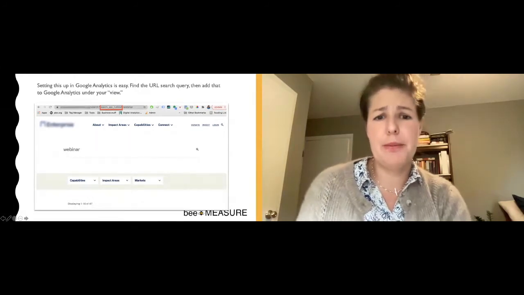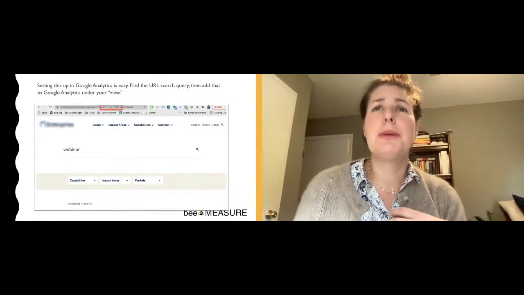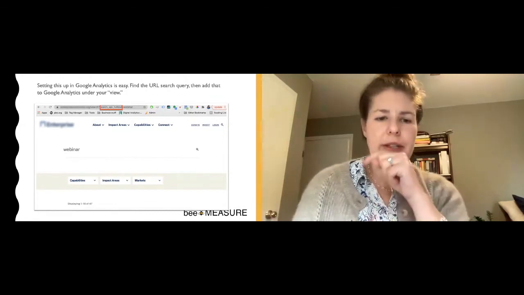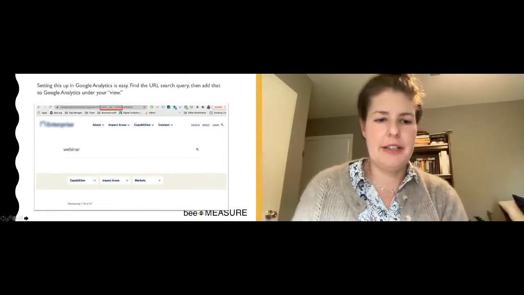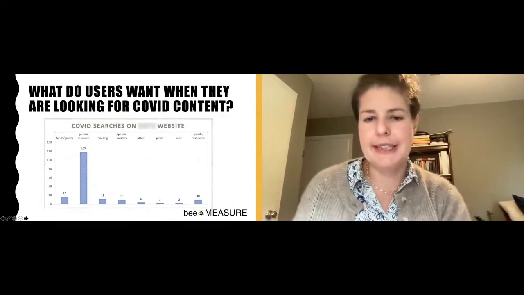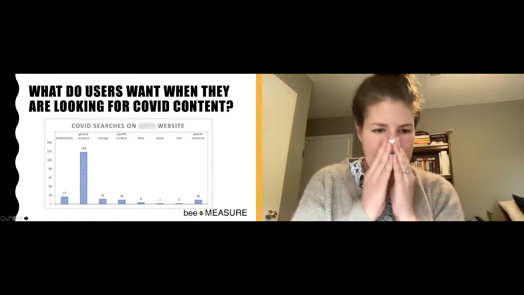It has really cool reports about what's the most searched term, but also what people are doing after they search. Do they stay on the site? Do they leave? You can get a lot of great data there that's going to be helpful in crafting your content, and maybe also figuring out whether people are finding what they're looking for.